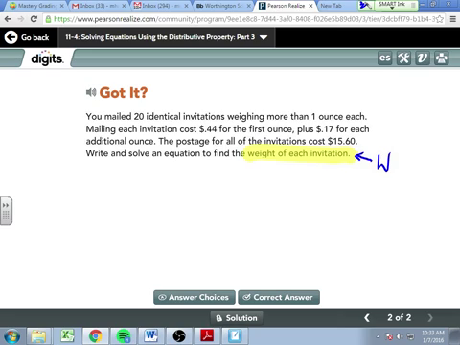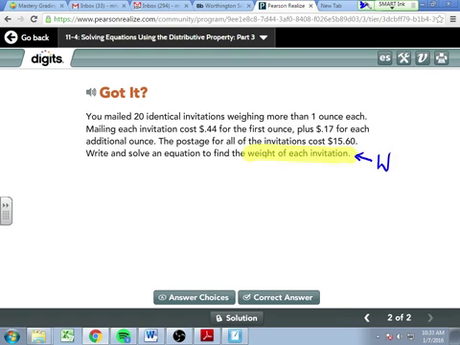How can I set this up? This is tough, right? It doesn't jump out at you like, hey, here's something fixed and here's some change. 20 invites. They all weigh more than an ounce. Are they all going to weigh the same thing? Yeah, wouldn't you expect that if they're all the same invitation, they would all weigh the same thing? So we know they're all identical. That's what that's telling us.